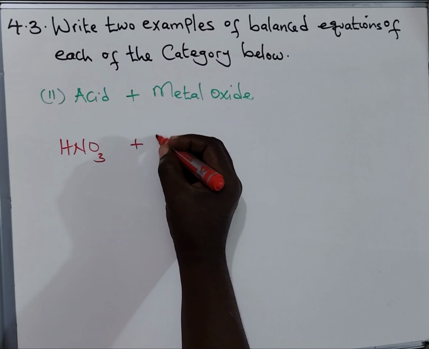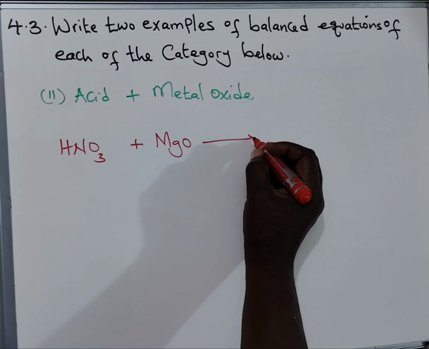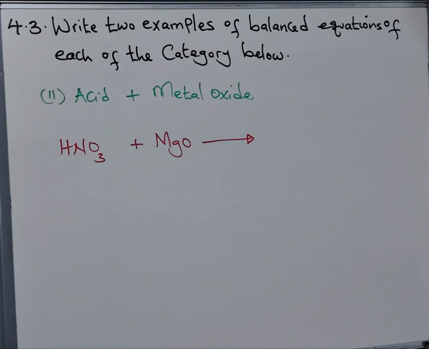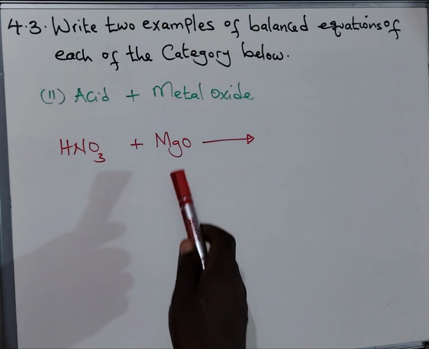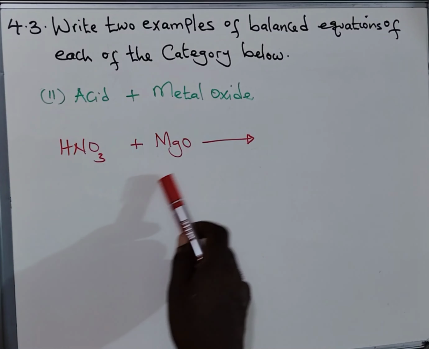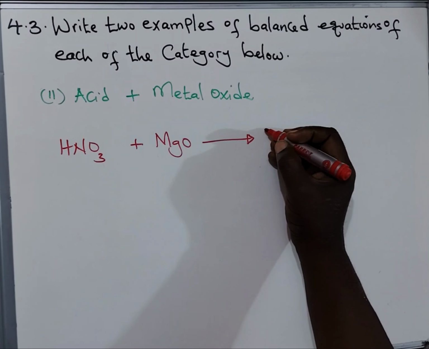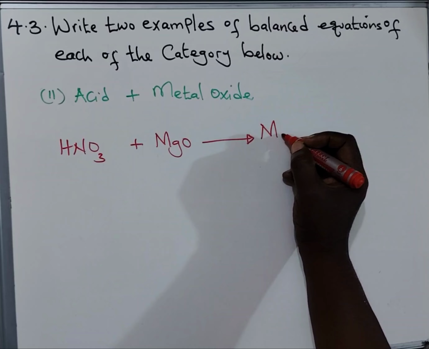Let us say magnesium oxide. And what do we get? After exchanging, remember the positive attacks the negative and the positive attacks the negative of the other one. What do we get here? We are going to get magnesium nitrate.